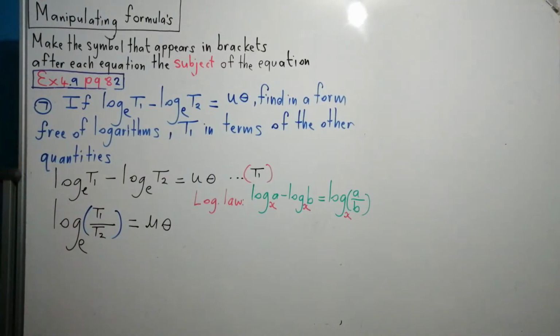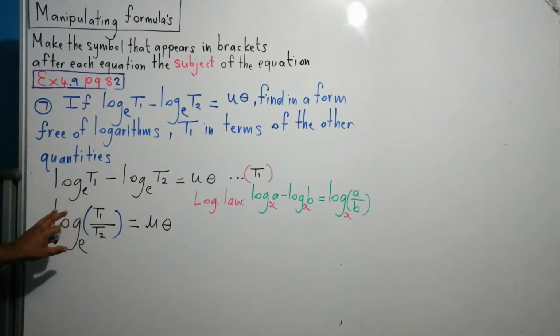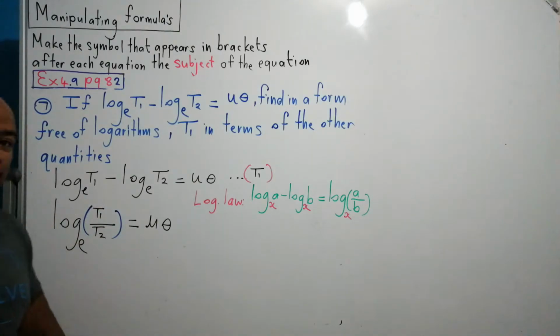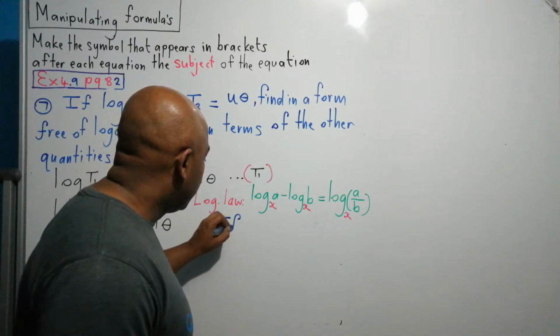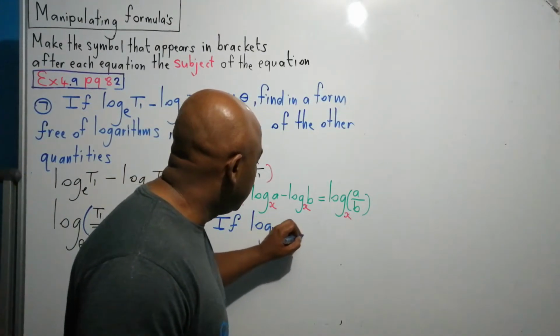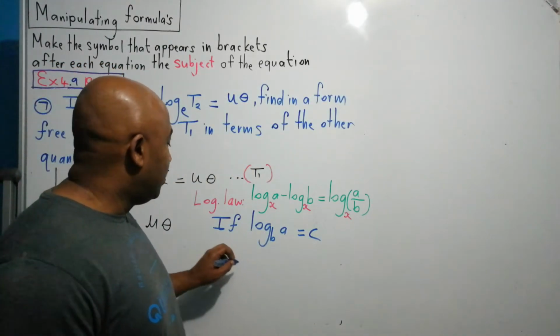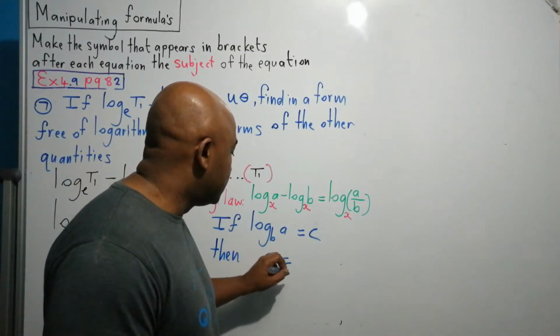Now, if I want what's inside the bracket there, I need to get rid of the log. I need to convert from logs to exponents. So remember our log laws. If you have log a to the base b equal to c, then converting from logs to exponents, a will equal b to the power c.